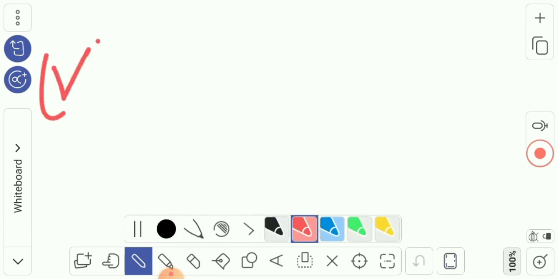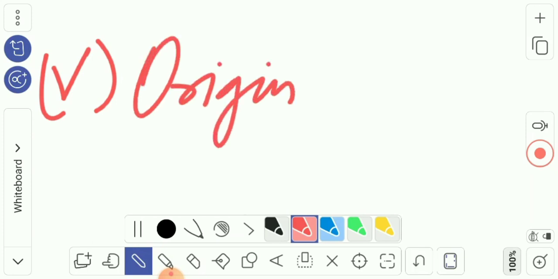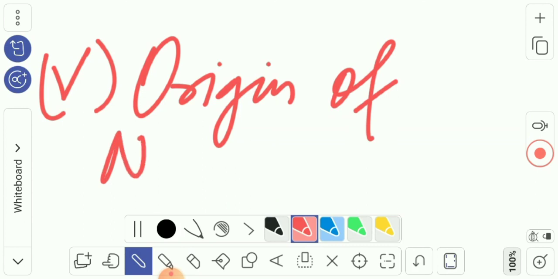Now the fifth important point, origin of new species.